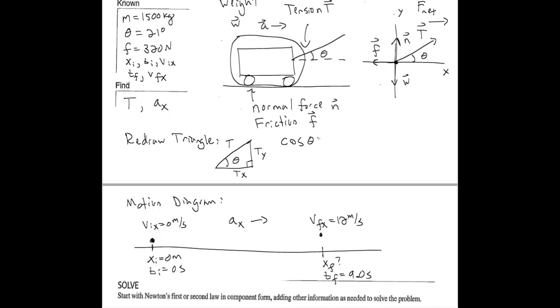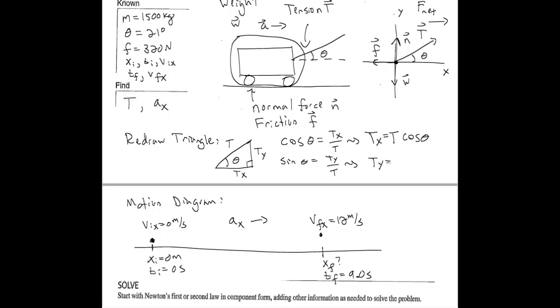So using our trig, we find that cosine of the angle theta is the tension in the x direction over the magnitude. So the x component of tension is the magnitude of tension times cosine of the angle. Then we can do the same thing for sine of the angle theta to find the y component.